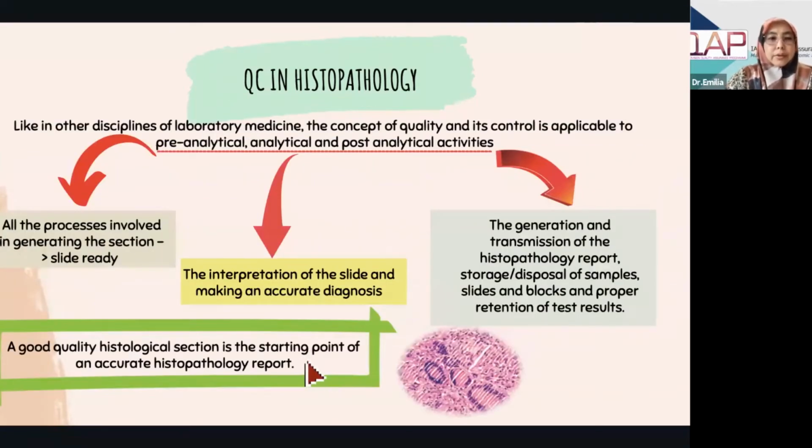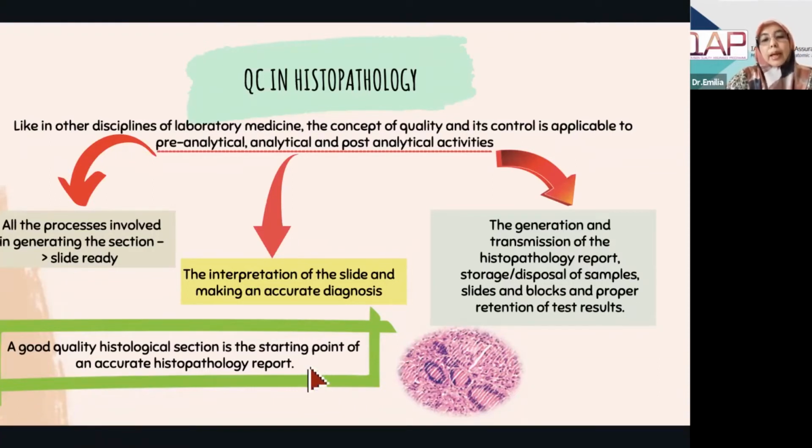Whatever it is, as in other disciplines in laboratory medicine, we still apply these three concepts of quality control: the pre-analytical, analytical, and post-analytical activities. What is the pre-analytical QC or process in histopathology? When you receive the sample at the counter, then you process, section, stain, and mount, and you make sure the slide is ready for the pathologist's viewing.